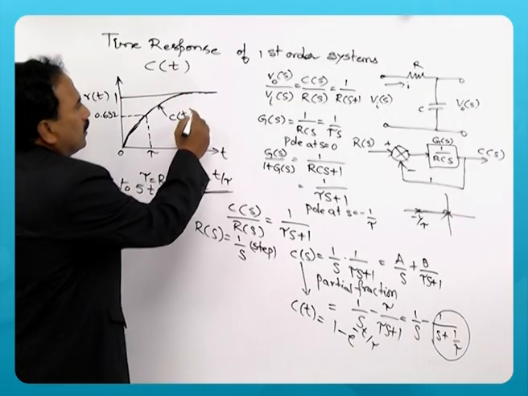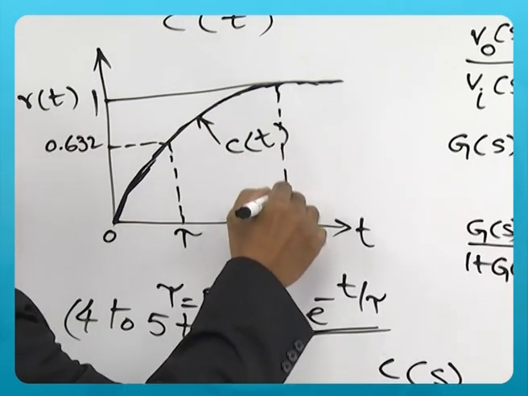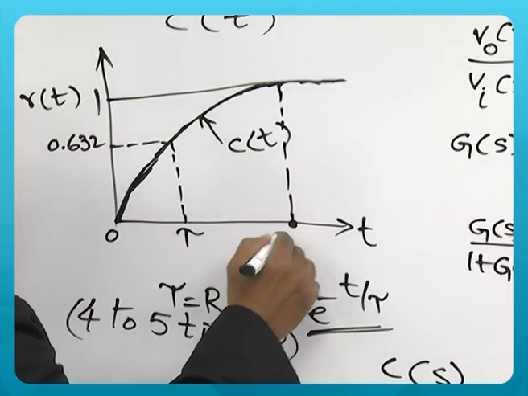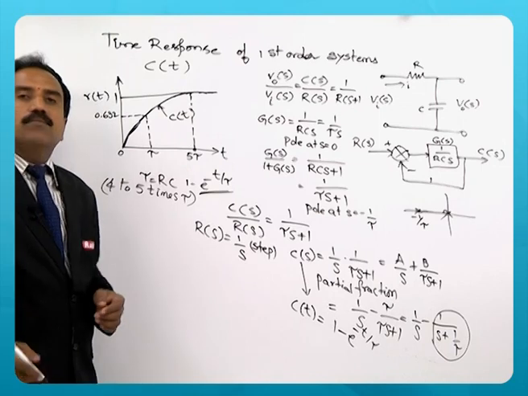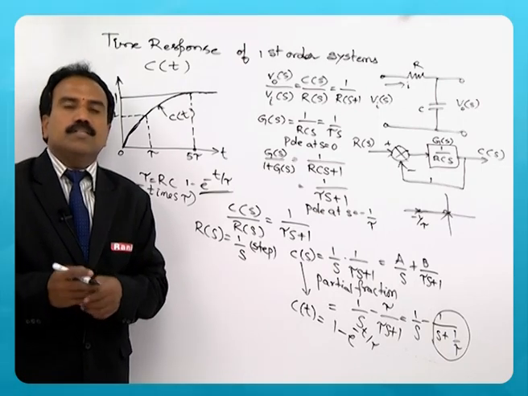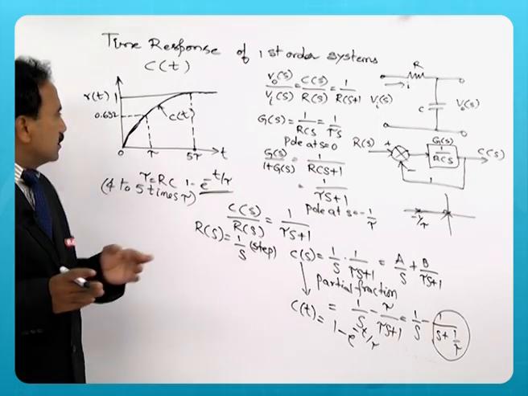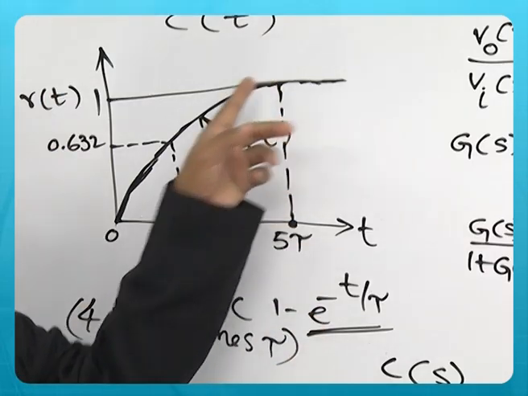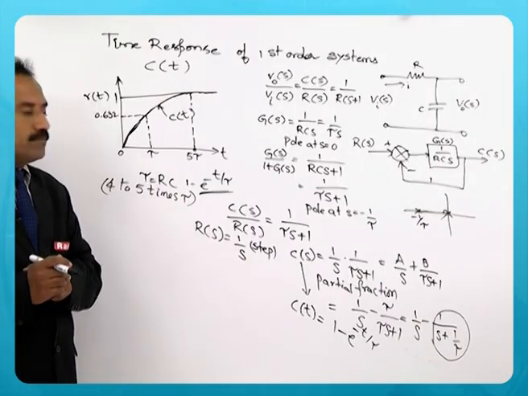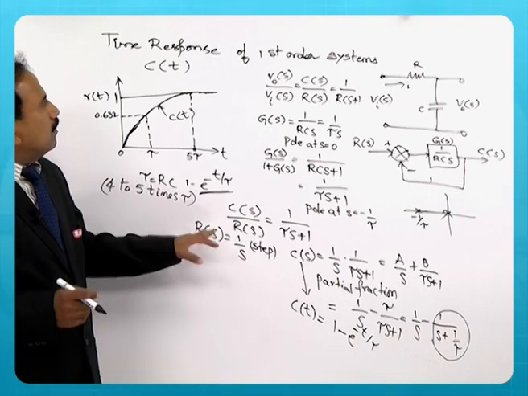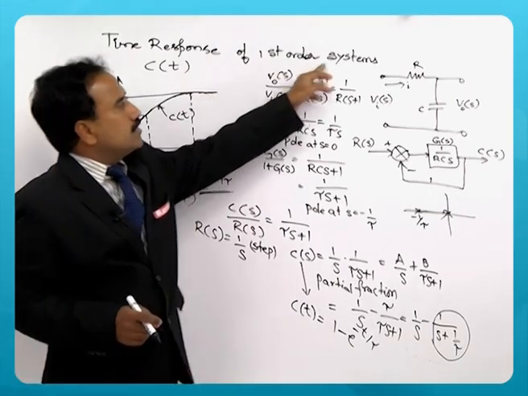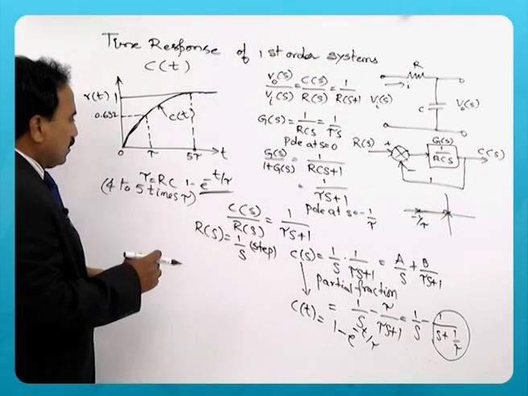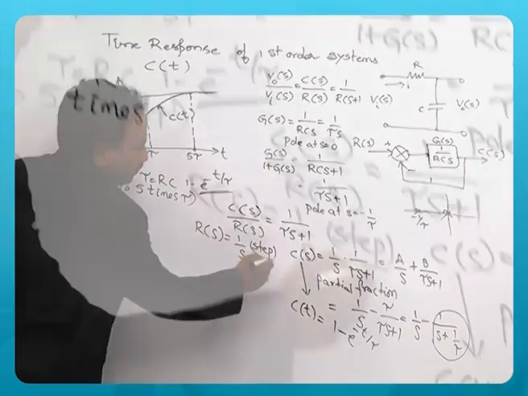That means in the steady state you can see here it takes about 5 time constants to reach the steady state response. This is about the time response of a first order system for unit step input.